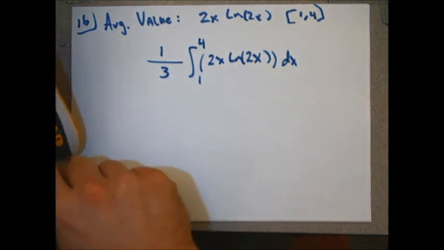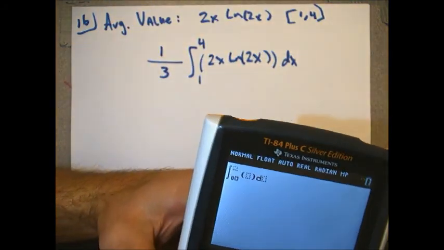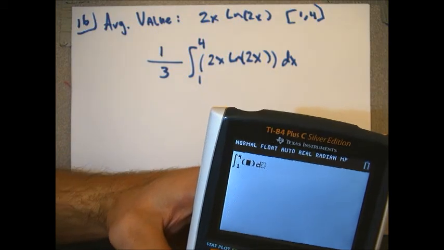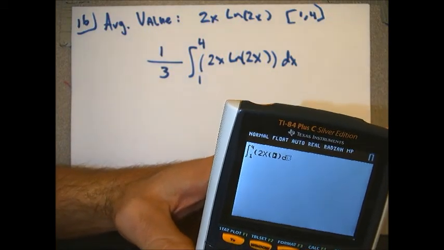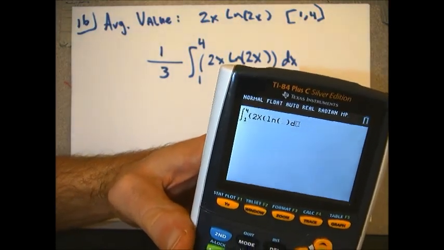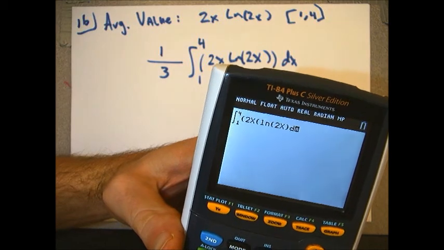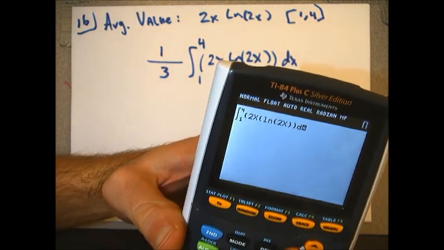Let's do math 9, and then we want to type in from 1 to 4 of 2x ln 2x, and close it. We want to close it twice because there were 2 that were open.